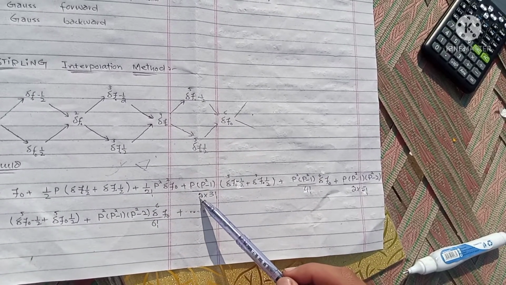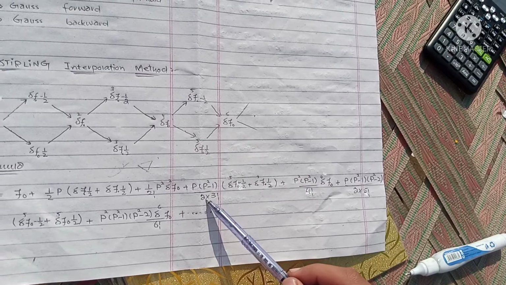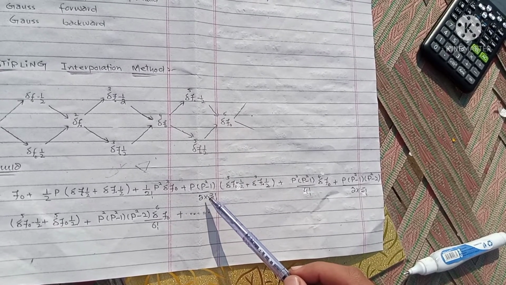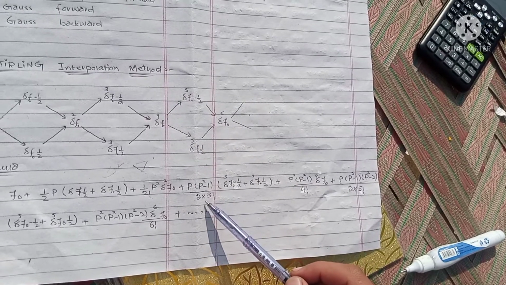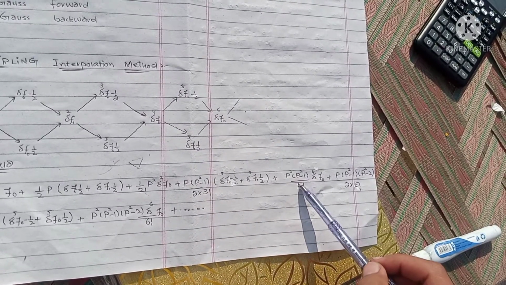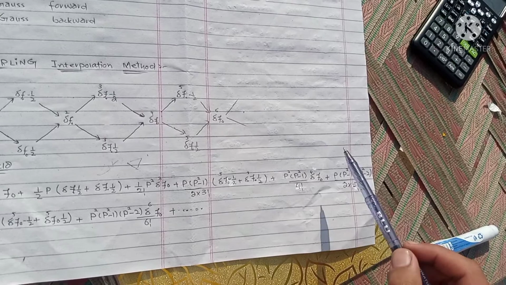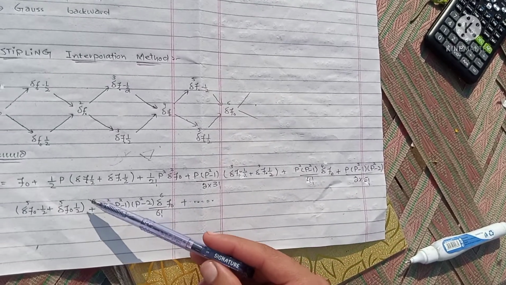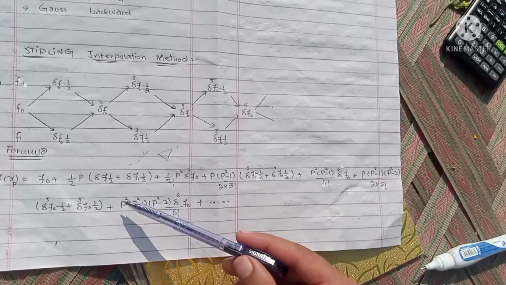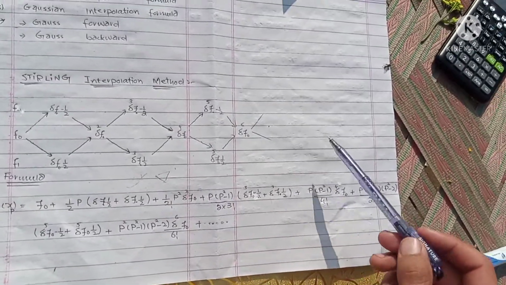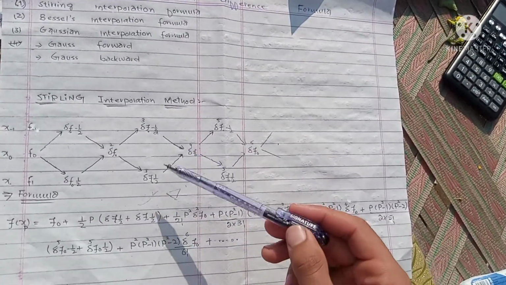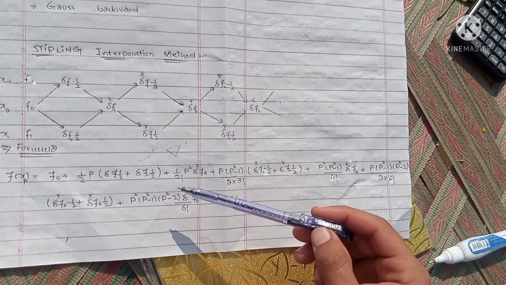With 3 factorial comes sigma cube, and so on: 2 factorial, 4 factorial, 5 factorial. This is a very easy formula, and we are supposed to keep in mind how it is derived and how we will learn it.